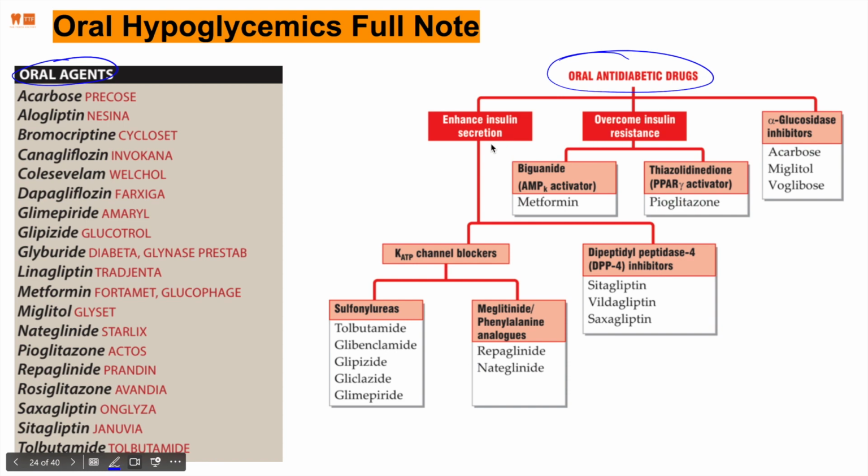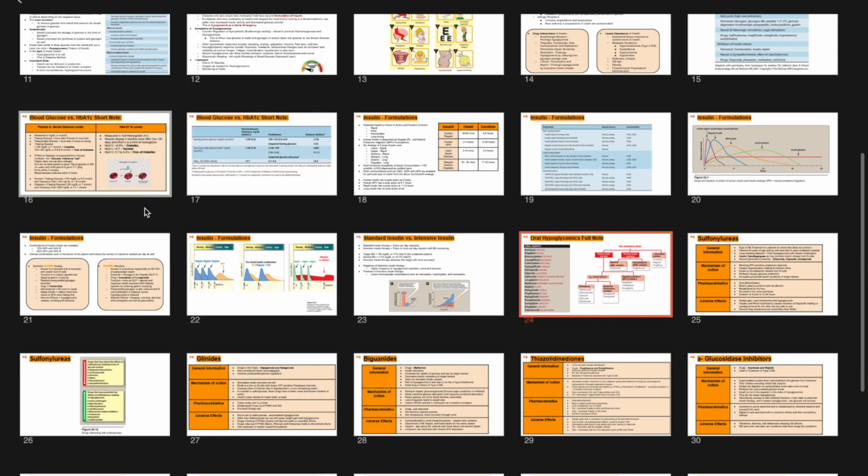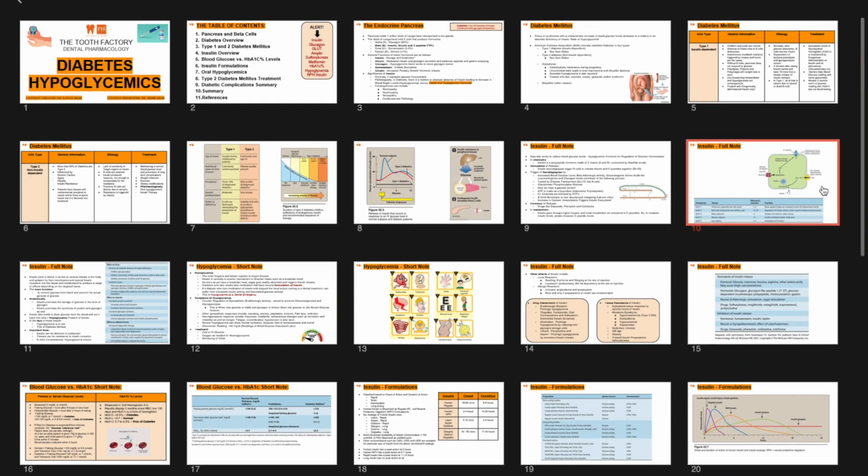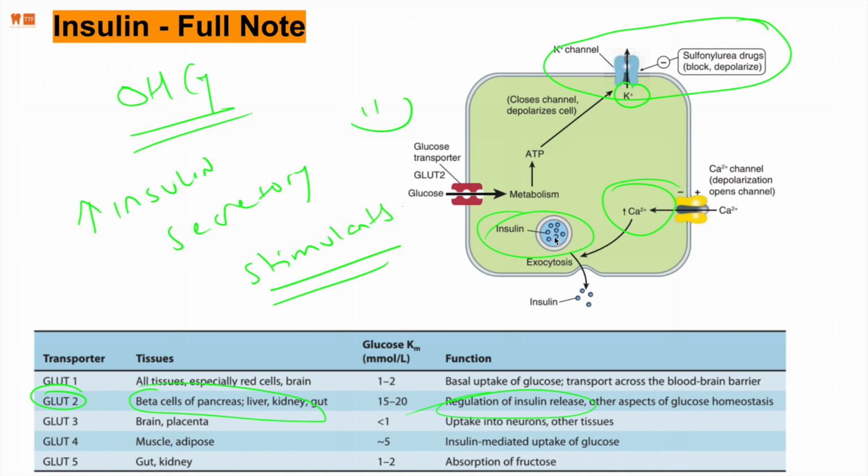So if you think of it this way, something that enhances insulin secretion, so it increases insulin itself, they have to do with potassium channels. So remember, if we go back to this section here where we had potassium channels, the reason why insulin is released is because potassium channels are closed, and because potassium channels are closed, calcium moves in and releases insulin.